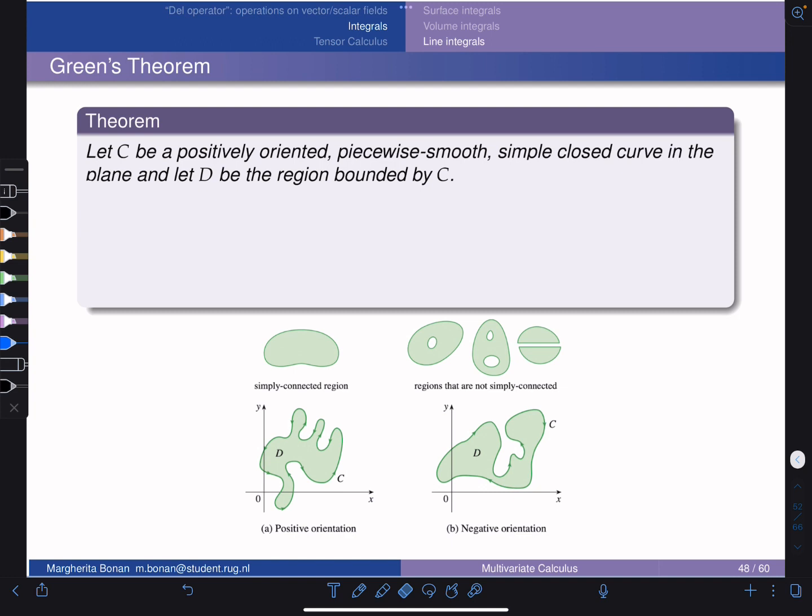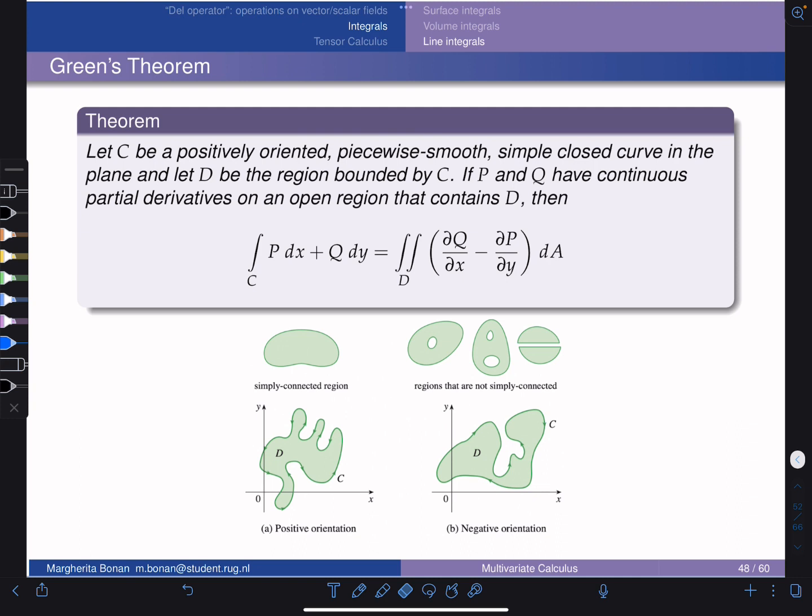So if P and Q have continuous partial derivatives on an open region that contains D, then the line integral on C of P dx plus Q dy is equal to the double integral on the domain D of the partial derivative with respect to x of Q minus the partial derivative with respect to y of P dA.